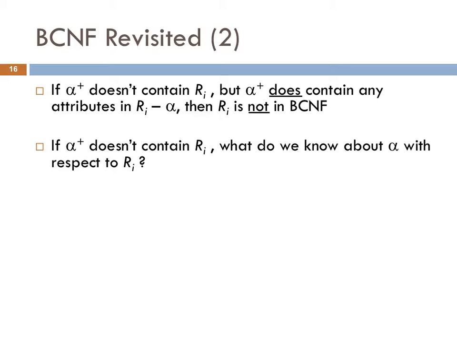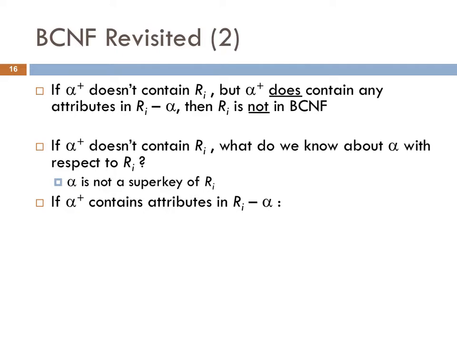Yeah, we definitely know it's not a superkey. Okay, that's cool. Not a superkey of R. The attribute set closure contains attributes that are in R minus alpha.